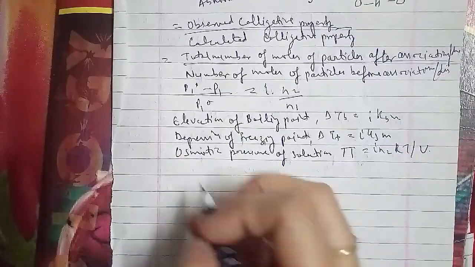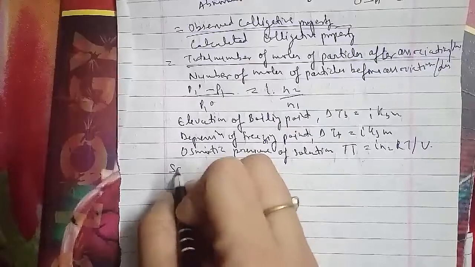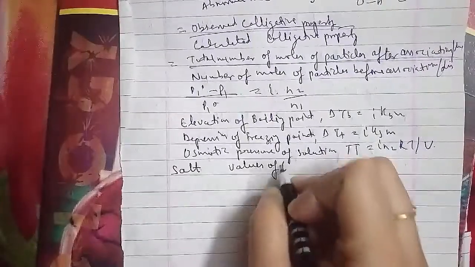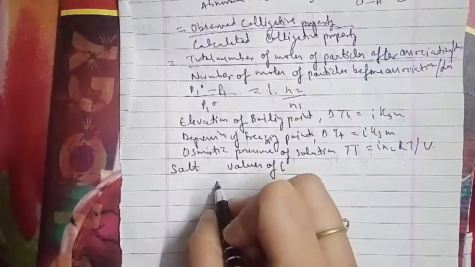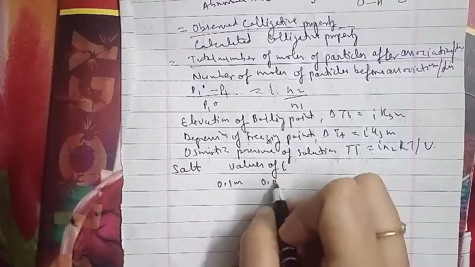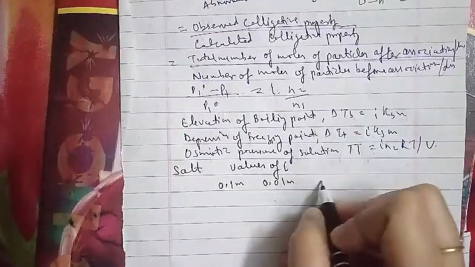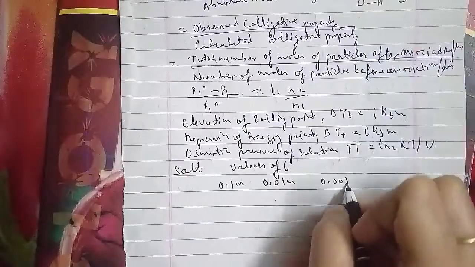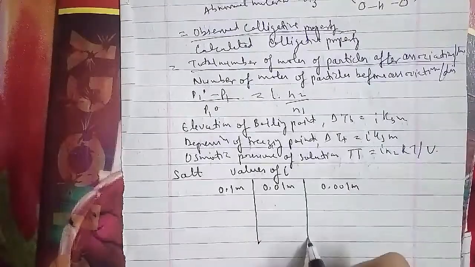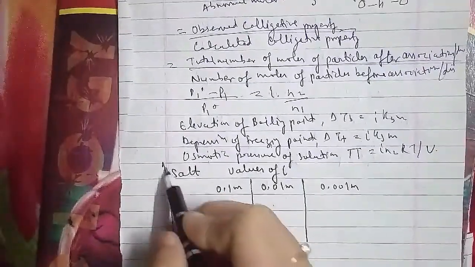For MgSO4, 1.21, 1.53, 1.82, and 2.00. For K2SO4, 2.32, 2.70, 2.84, and 3.00 for complete dissociation. These i values represent incomplete dissociation.